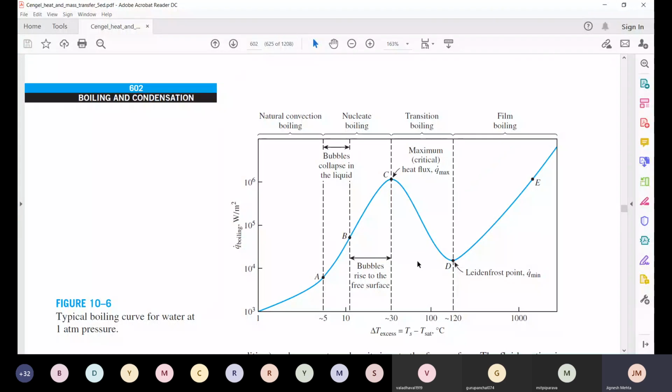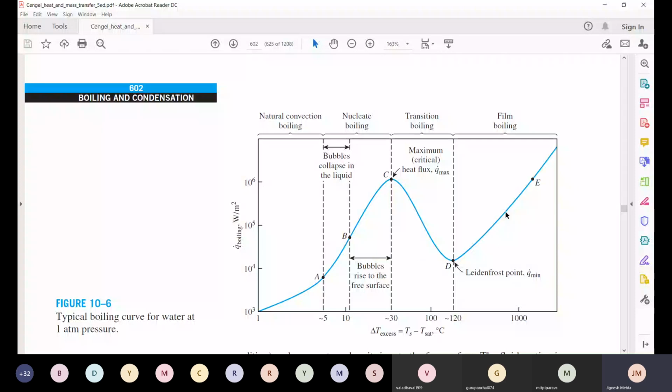Because of that, it continuously provides a kind of resistance to the flow, but because of the increase in the radiative heat transfer you are still able to increase the heat flux.